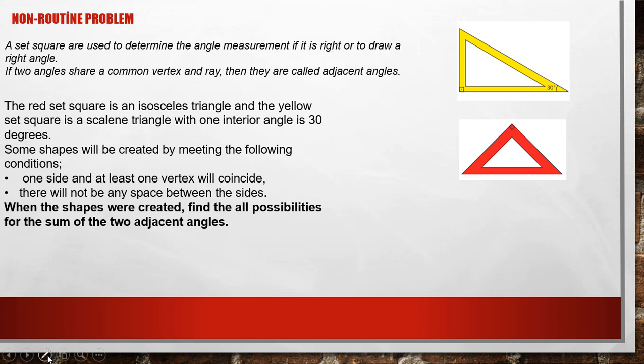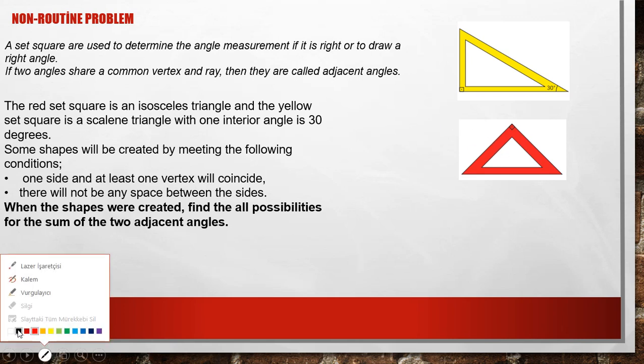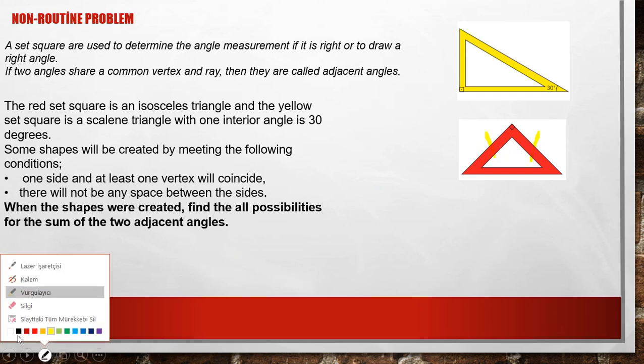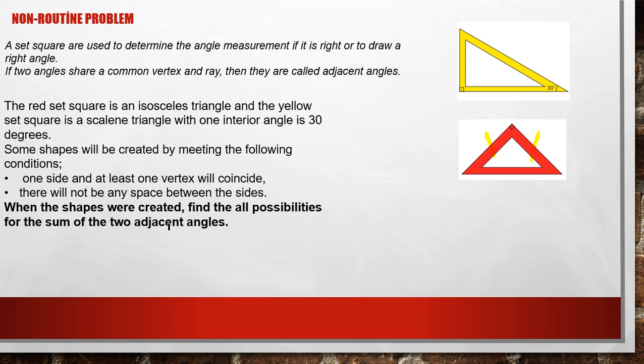We know that if the triangle is an isosceles triangle, then the sides are equal. Let's change the color. They are equal, so the angles are also equal. And we know that the sum of the interior angles of a triangle equals 180.